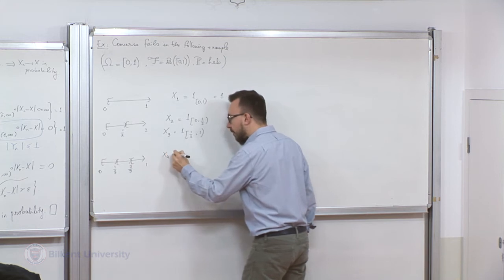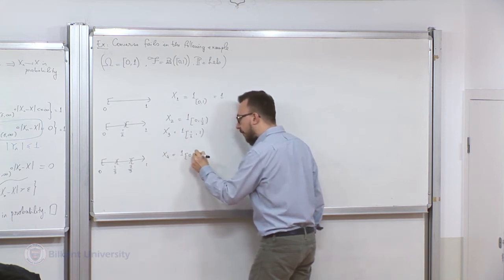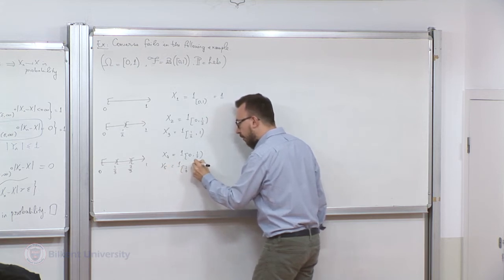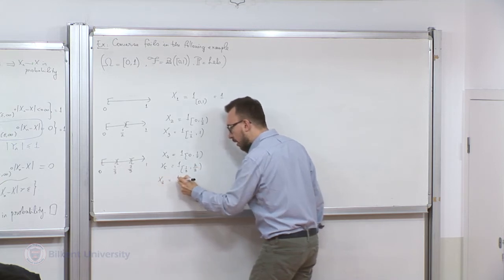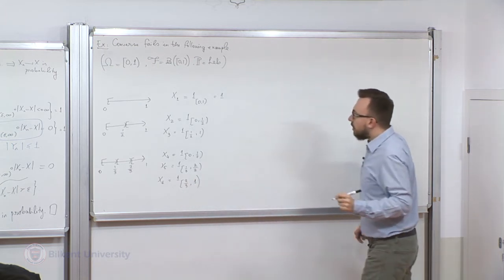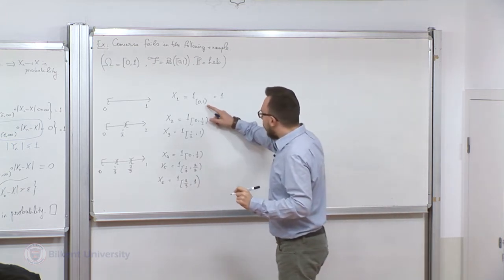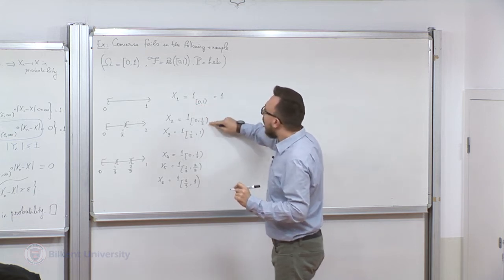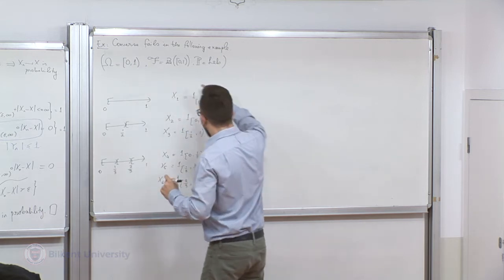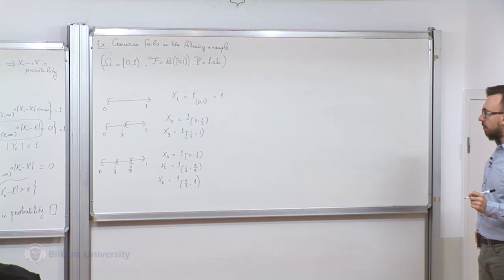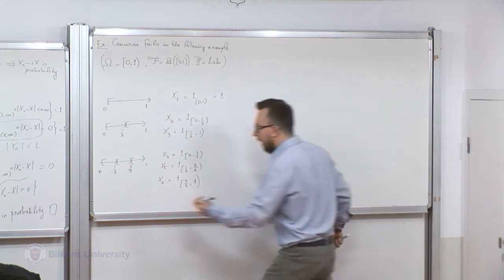So x4 is going to be the indicator of 0 to 1/3, 1/3 to 2/3, and so on. To have intervals that are closed from the left and open from the right, I excluded the point 1 just for elegance. And you continue like that.